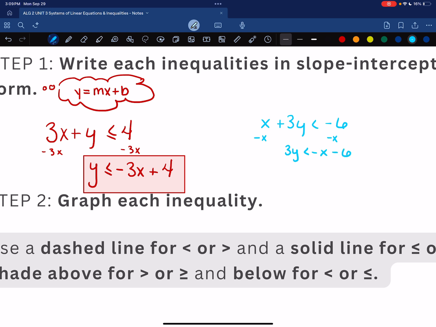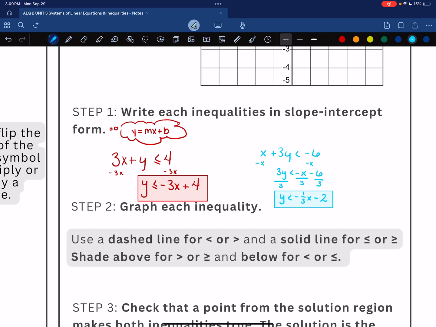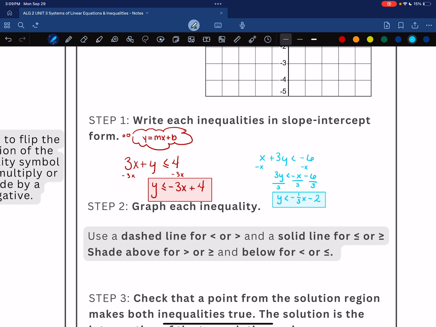What do we need to do to get y by itself? We need to divide every single term by 3. So that's going to leave us with negative 1 over 3x, and then negative 2, because 6 divided by 3 is 2. Okay, now each of these inequalities is ready to be graphed.